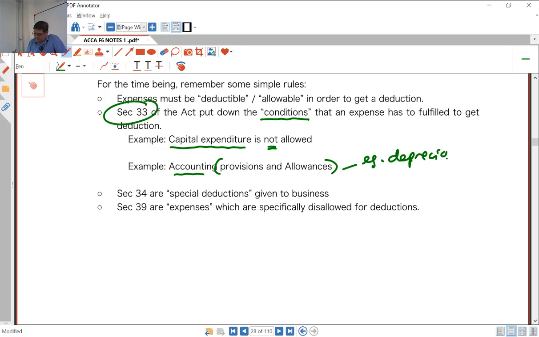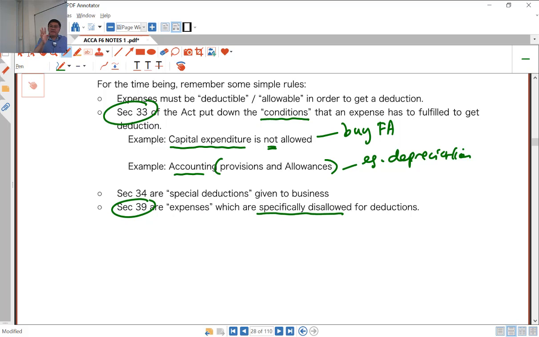Depreciation, you cannot claim. So if you buy a fixed asset, you cannot claim depreciation.